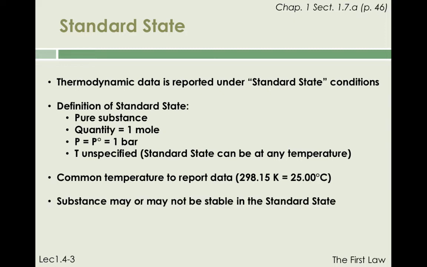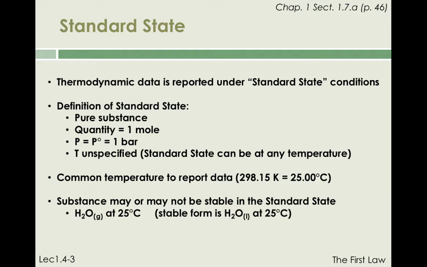It is also important to remember and not be confused by the fact that the substance of interest does not need to be stable under the standard state conditions used to report its properties. For example, water vapor at 25 degrees Celsius or 298 Kelvin is not stable.